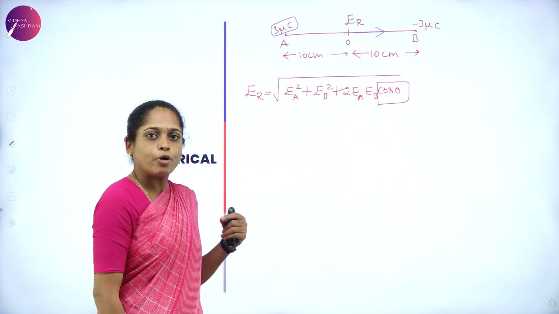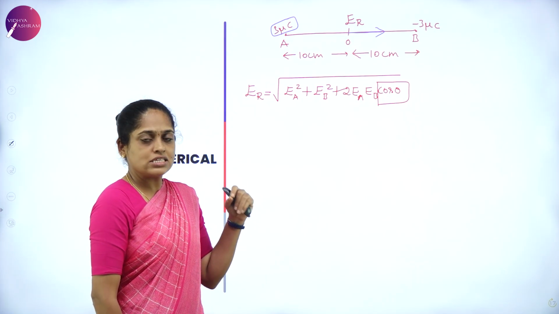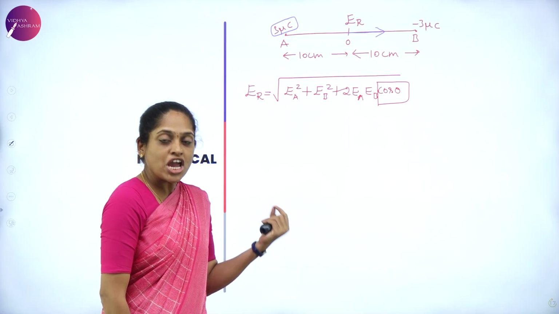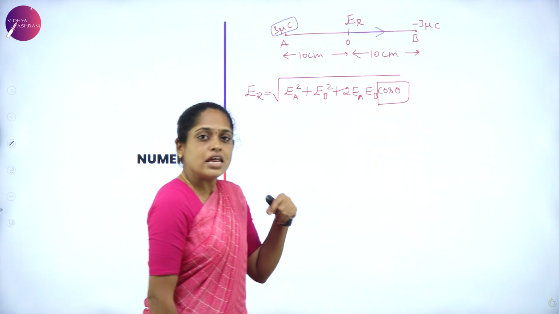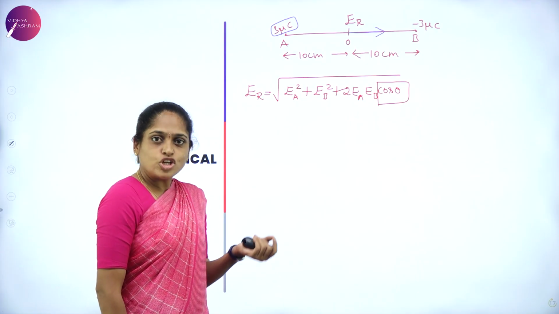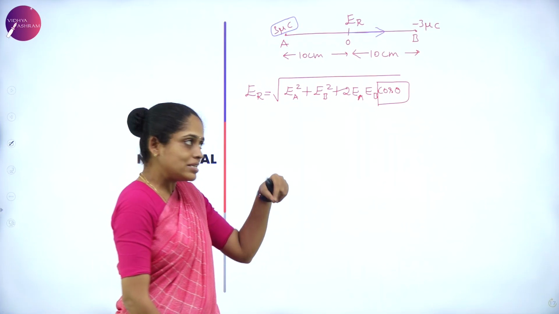This you know by the property of electric field lines. So the electric field line starts from positive charge and ends on negative charge. So the next charge is negative charge. The direction of electric field line due to negative charge is towards itself.